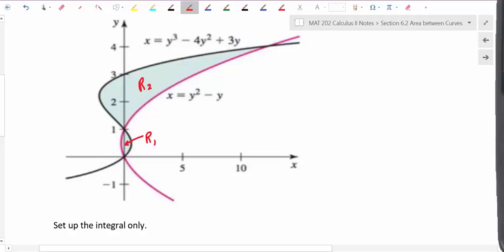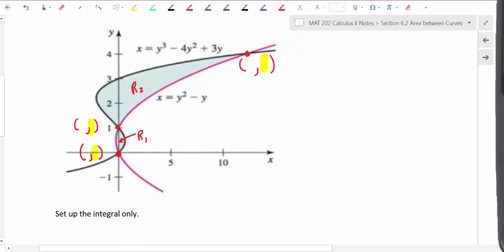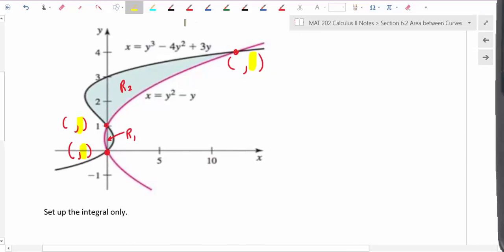So we need to find this intersection point and this intersection point right here. So we need to find all of those y values. We don't have to worry about the x values because that's going to be the limits of integration that we're going to break up. Again, we just solve this system of equations.